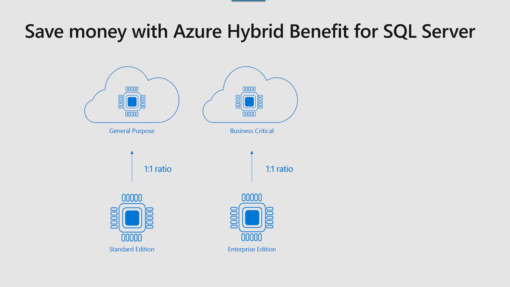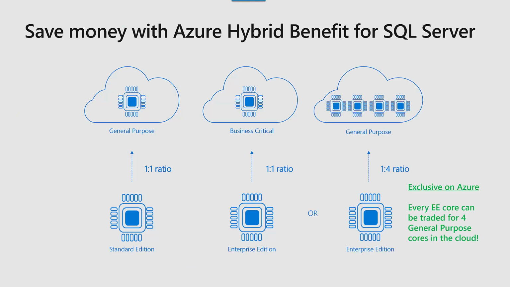Okay, and here is the important part, Azure Hybrid Benefits, okay? Your Standard edition, Enterprise edition, you get a 1-to-1 ratio. One core on premises, you get the same core license on Azure as well, okay? And you can see also the exclusive on Azure.